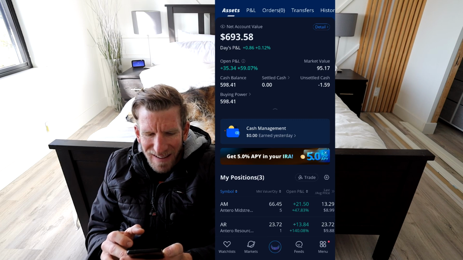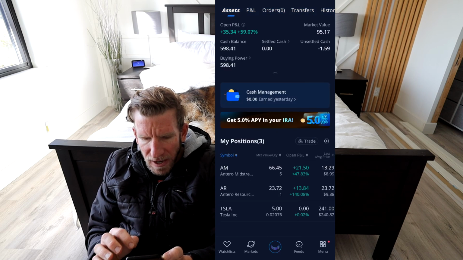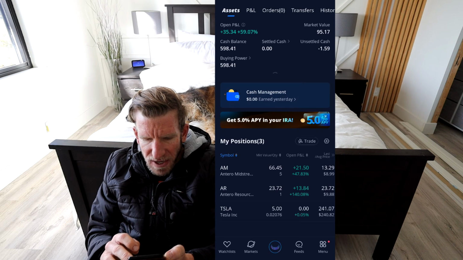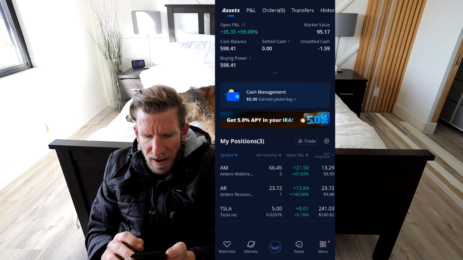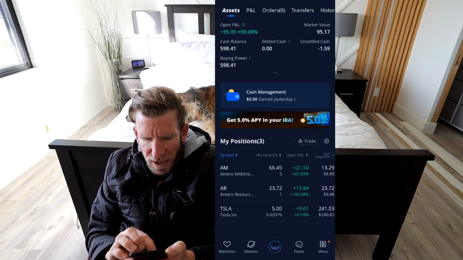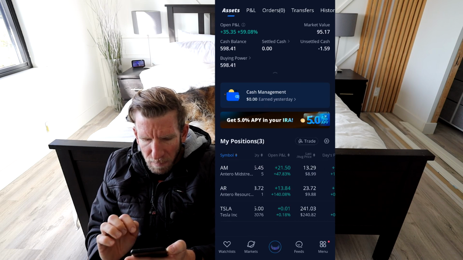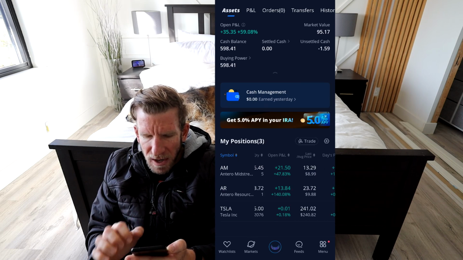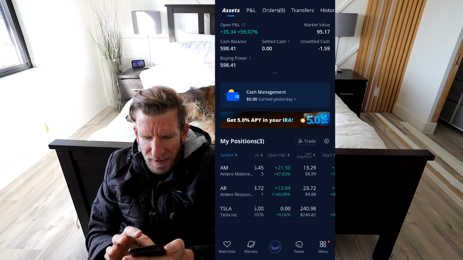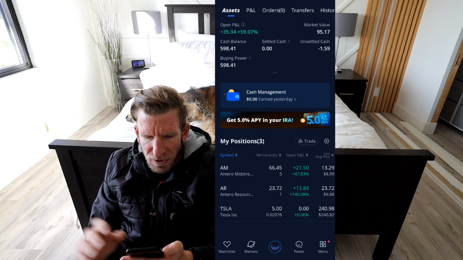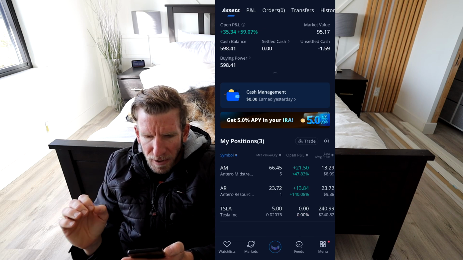Buying power $598.41. And as I scroll down, as you can see here, I have $5 worth of fractional shares of Tesla, and I've earned 1 penny so far in the last minute and 30 seconds. I'm a rich man, I'll tell you what. Absolutely fantastic. So that's how you buy fractional shares, deposit first, and then purchase.